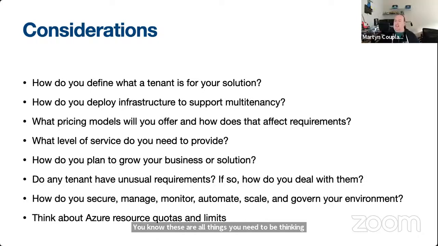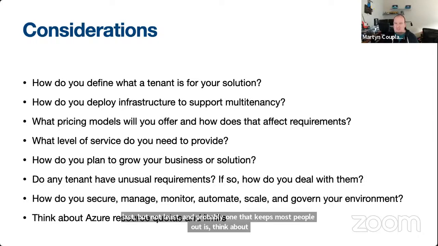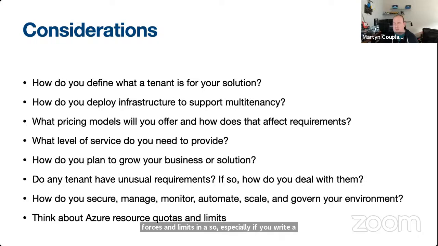And then last but not least, and probably one that catches most people out, is think about quotas and limits in Azure. So especially if you're deploying on Azure, obviously, but it would be the same for AWS. It would be the same for GCP. It would even be the same for a private data center as well.